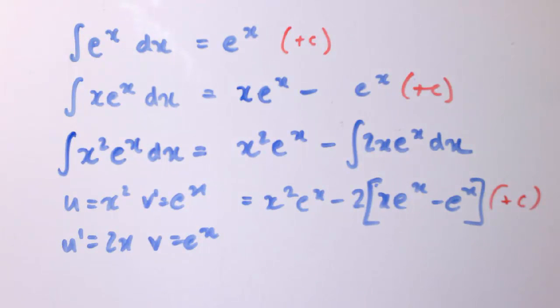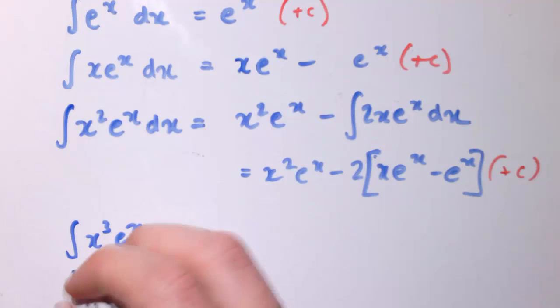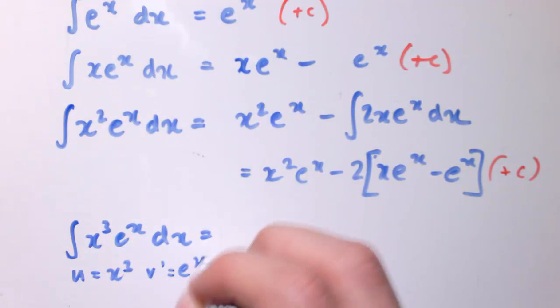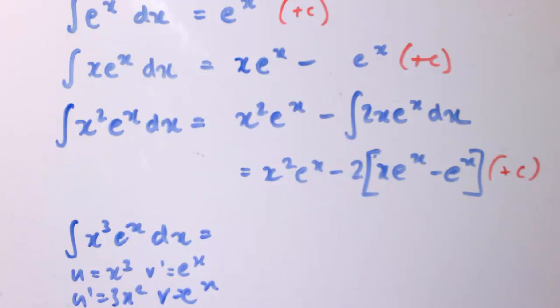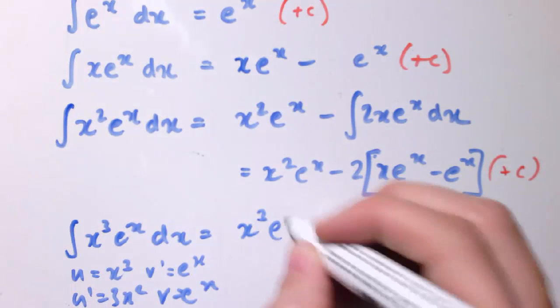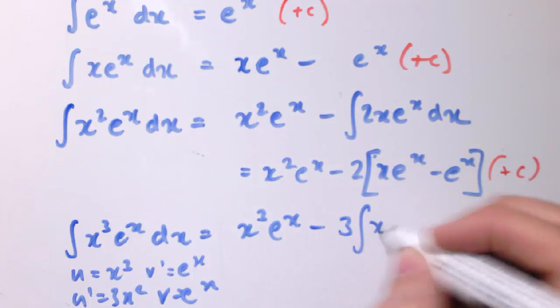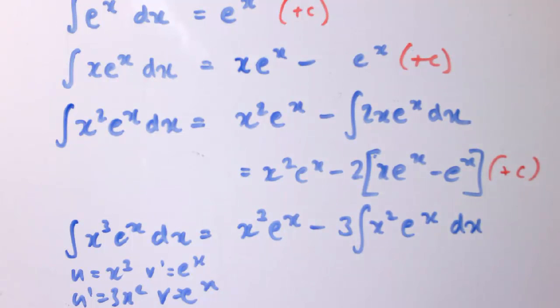So let's go one more step with this. If we apply integration by parts to the next one, x cubed e to the x, this time we've got u equals x cubed, again v dashed is e to the x, so u dashed is 3x squared, and v equals e to the x. Applying the formula, we've got x cubed times e to the x minus 3 times the integral of x squared e to the x dx.